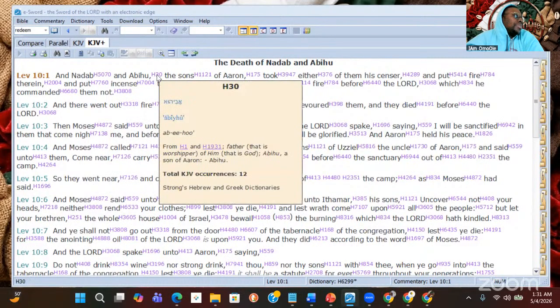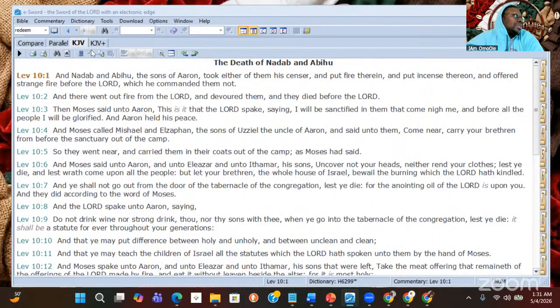Nadab and Abihu, the sons of Aharon, took either of them his censer, and put fire therein, and put incense thereon, and offered strange fire before Jehovah, which he commanded them not. So they brought strange fire before Jehovah, which he commanded them not.